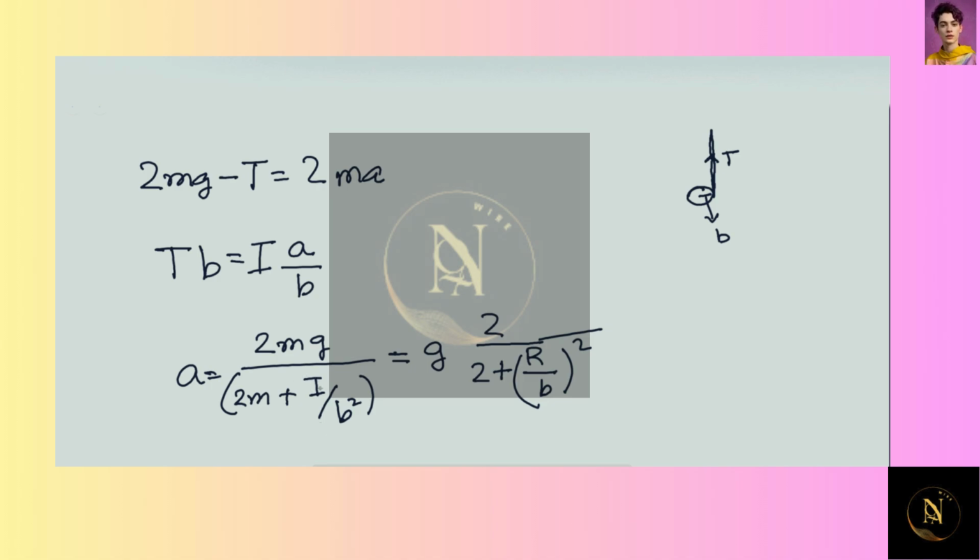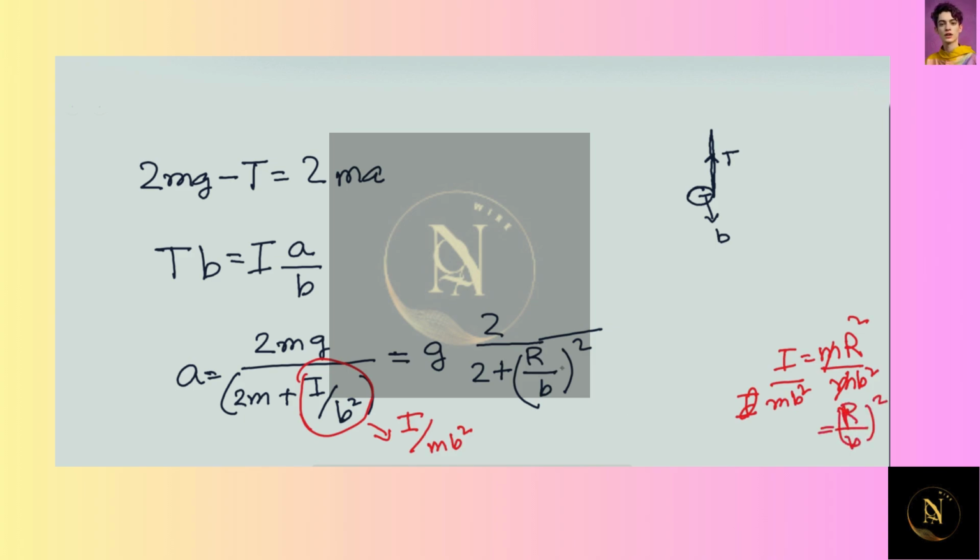When we took m out, this expression became I by m b squared, and we know that I is m r squared. So I by m b squared became m r squared by m b squared. We got rid of the m's, so we got r over b whole squared, and that's what we wrote here.